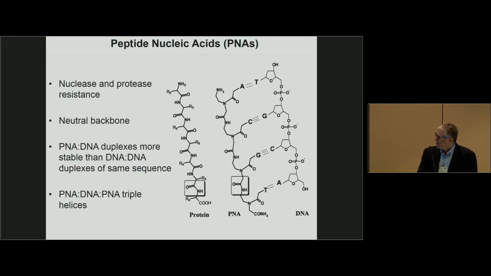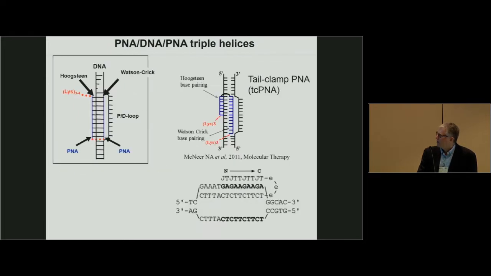But as you can see there, the PNA has an uncharged polyamide backbone, which turns out to be advantageous for high-affinity binding. So PNAs not only can make a triple helix, but they bind so well to DNA they can do strand invasion. And what you see here is a design of a PNA-DNA-PNA triplex on the left with displacement of the other strand of the DNA, sometimes called a P-loop.